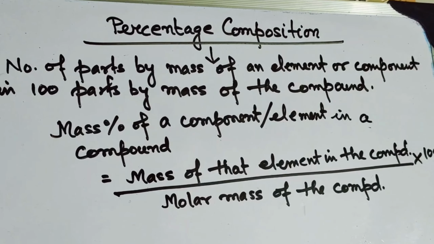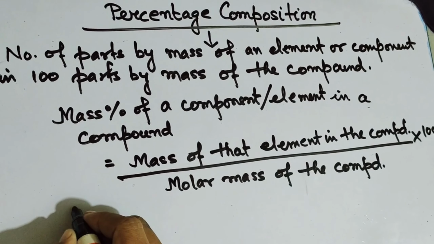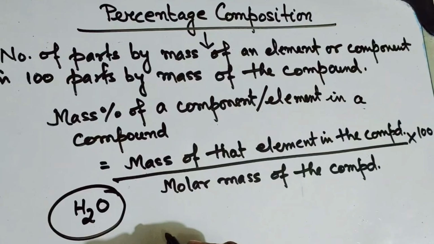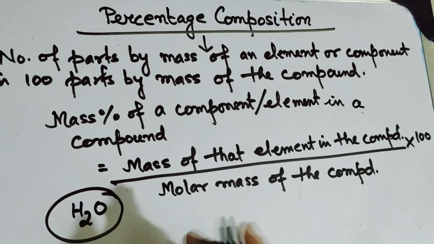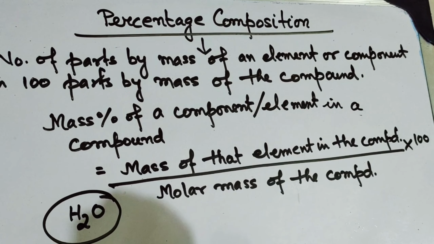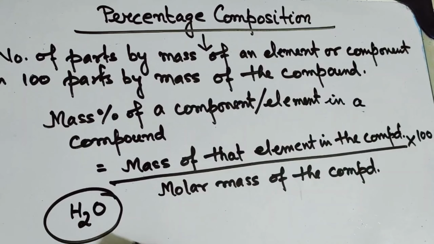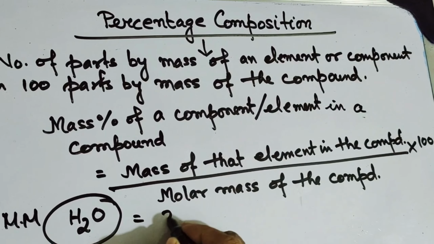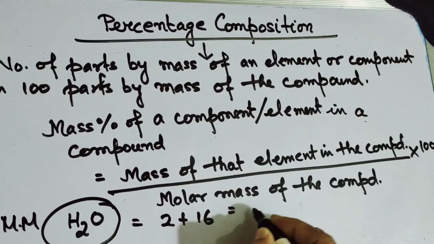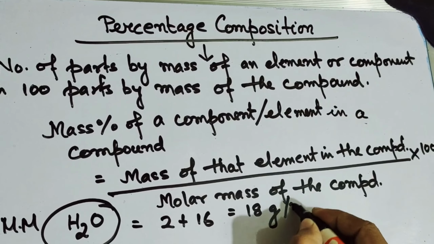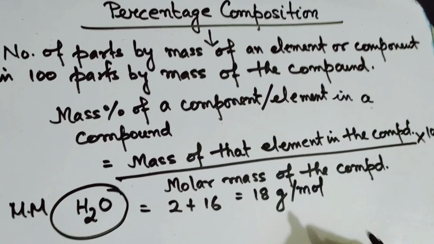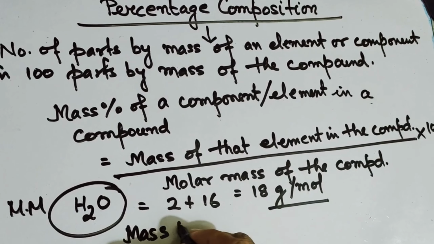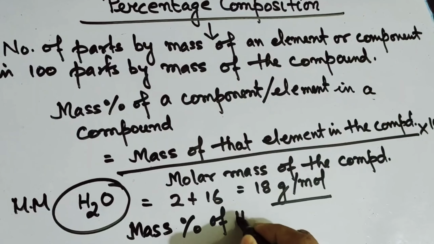Like, if I have to find the mass percentage of each element in water, say water is H2O, and I'm supposed to find the percentage composition of each element in water. Now the molar mass of H2O is how much? It is equal to 2 plus 16, which is equal to 18 gram per mole, because I'm using the term molar mass, so I have written gram per mole. In that case, if I have to write the mass percent of H, then it will be how much?